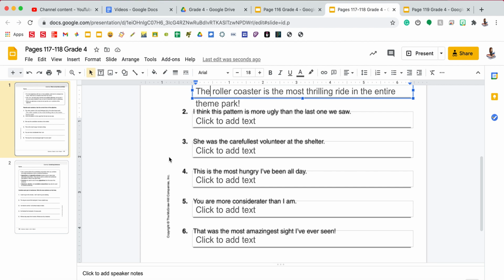And the box at the top told me that most two-syllable adjectives we just add er or est to. You will finish up this page, 3, 4, 5, and 6.